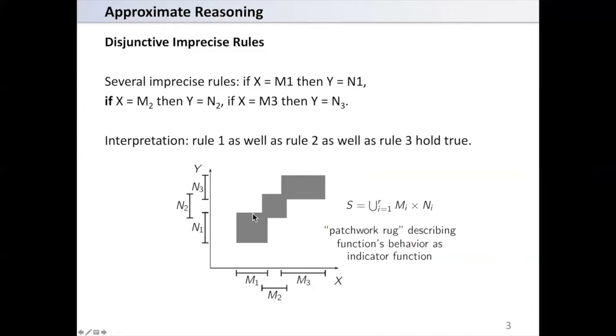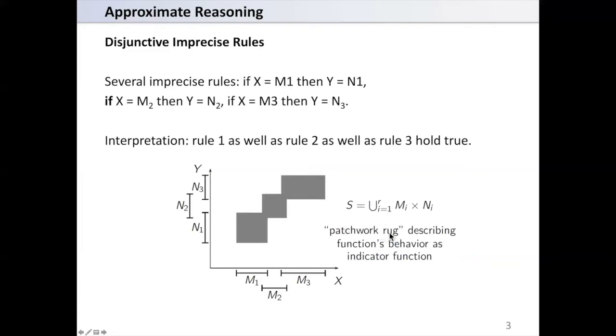So if we take the Cartesian product generated by each rule, for rule 1 this is the solution region, for rule 2 this is the solution region, and for rule 3 this part is the solution region. As the solution we take the union over i from 1 to R of the Cartesian product of mi and ni.